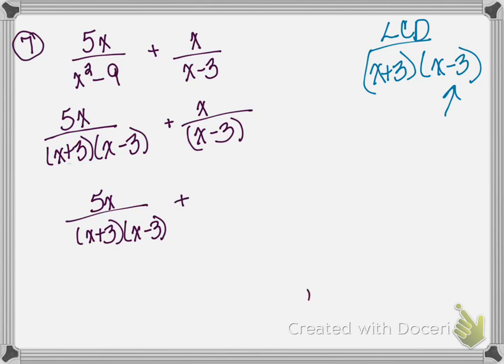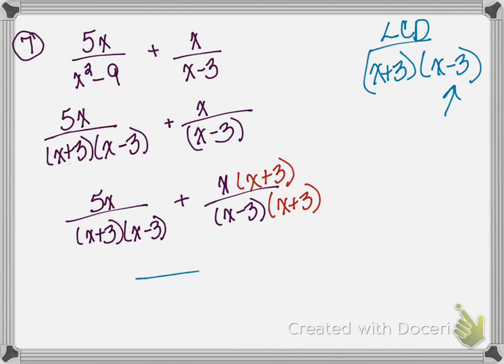My next rational, I've only got x minus 3 in the denominator. What am I missing? X plus 3. So if I'm missing it and I have to multiply the denominator by it, I also have to multiply the numerator by it. Okay?